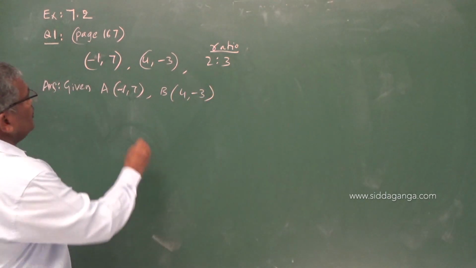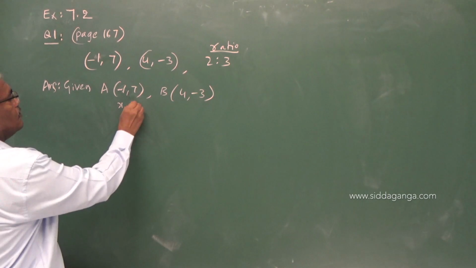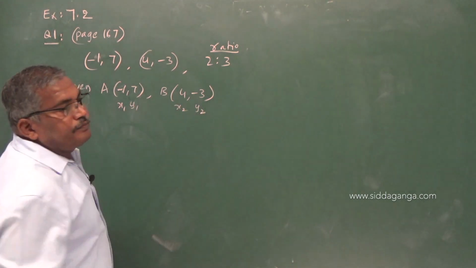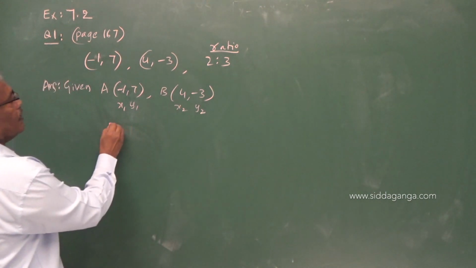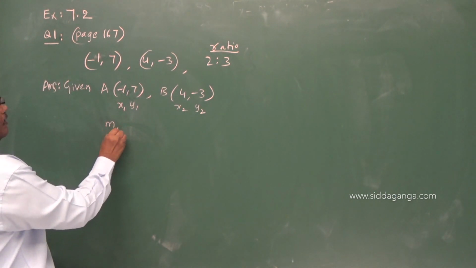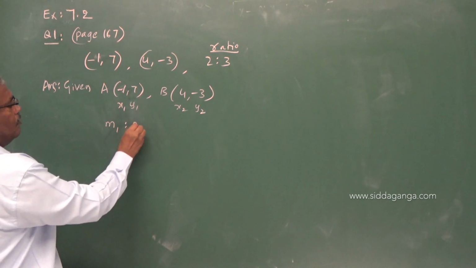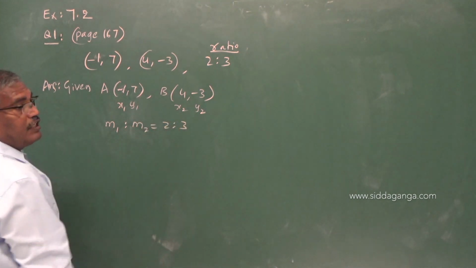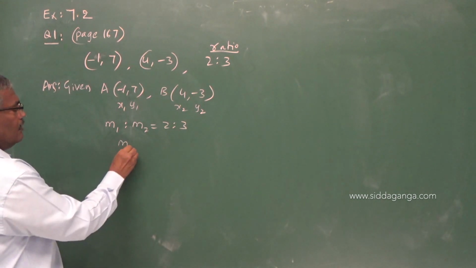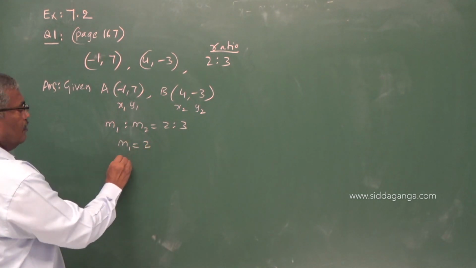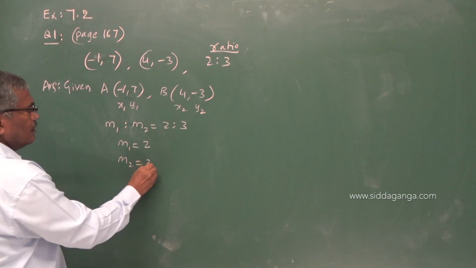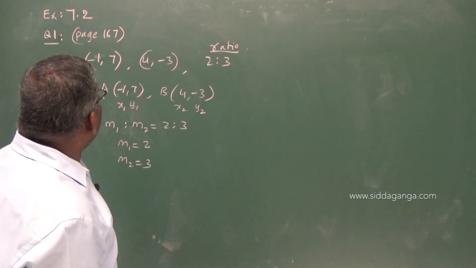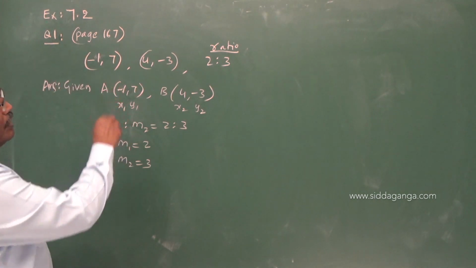So that means you can call this x1 y1 x2 y2, and it is also given m1 is to m2 equals 2 is to 3. That means m1 equals 2, m2 equals 3. So now we have to find the coordinates.